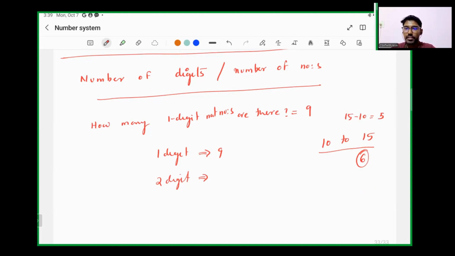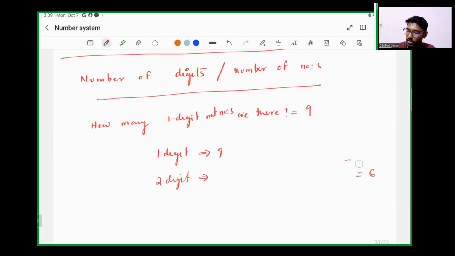Here I am asking how many numbers there are from 10 to 15, so we need to include 10 also. If you are doing the difference, we are not including 10. So you have to do 15 minus 10 and a plus 1 also at the end. Why? To include that 10. So it will become 6.